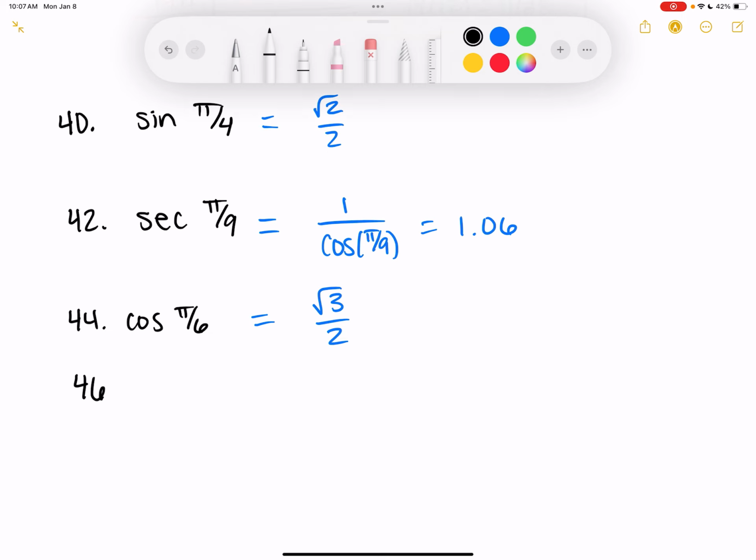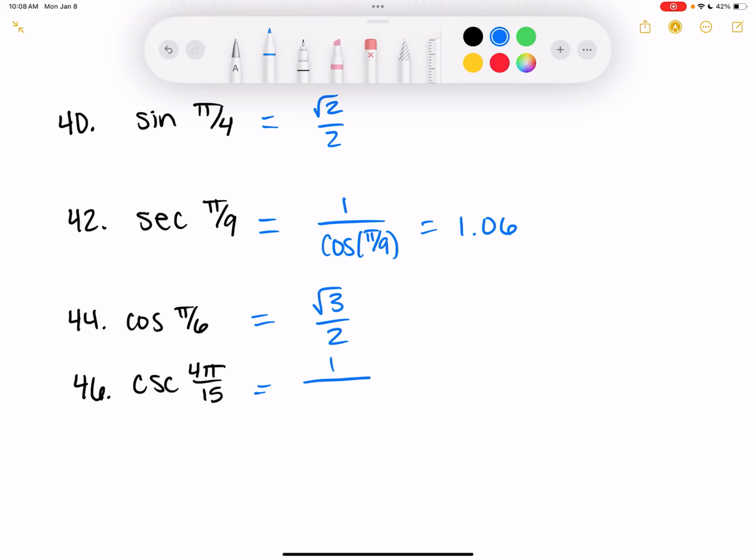All right, last one, 46. Cosecant of 4 pi over 15. Is this a known value? No. All right, cosecant is related to what? Sine. When we put it in our calculator, you already converted it to radian mode, so you don't have to worry about doing anything.